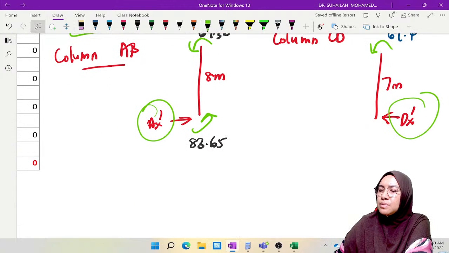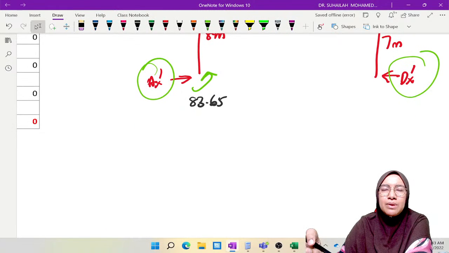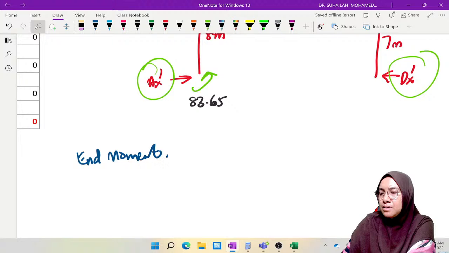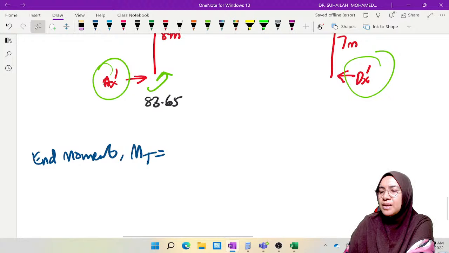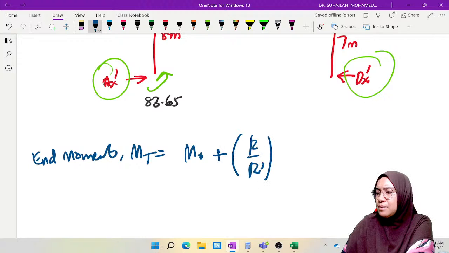So after having all this, in the principle of superposition and moment, the final or the total end moment is equal to m naught plus r divided by r prime times m prime.